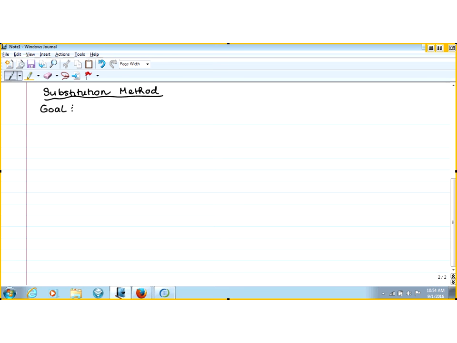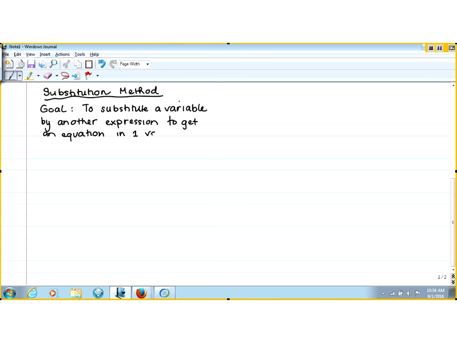Right. So the goal is to substitute a variable by another expression to get an equation in one variable.